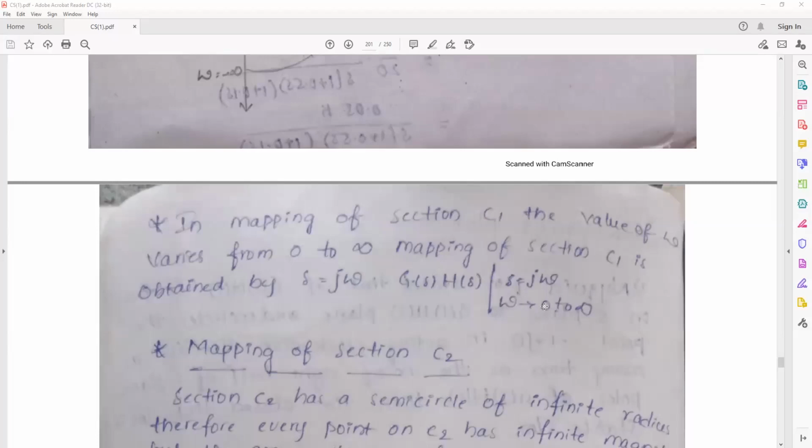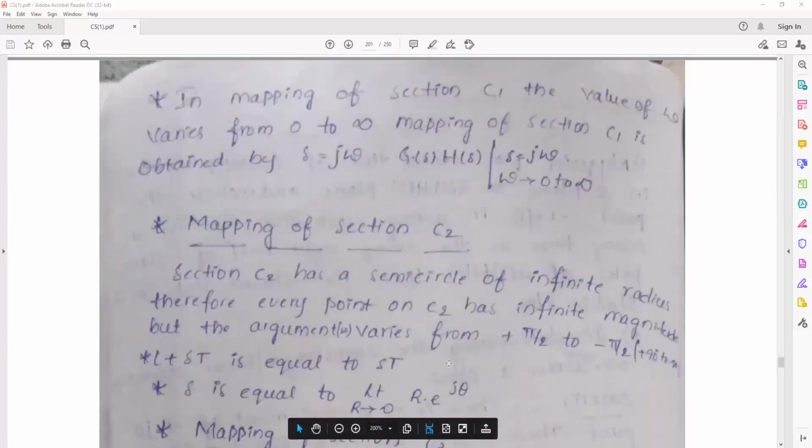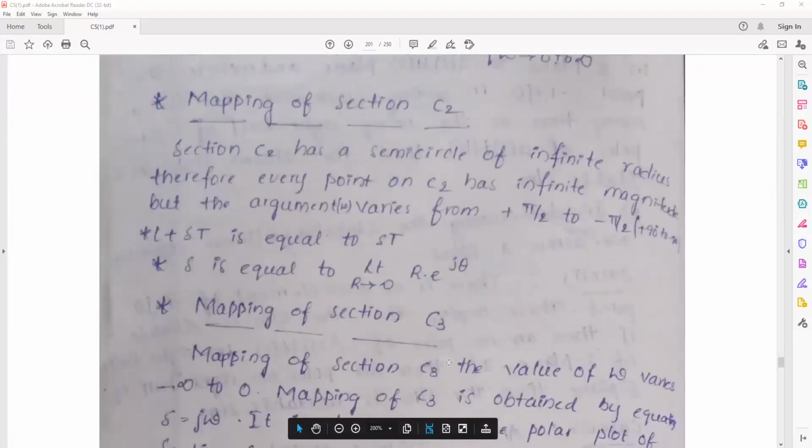Okay, and the second is the mapping of section C2. So the mapping of section C2 is a semicircle of infinite radius. Therefore, every point on C2 has infinite magnitude, but the argument as omega goes to infinity varies from plus 90 to minus 90.